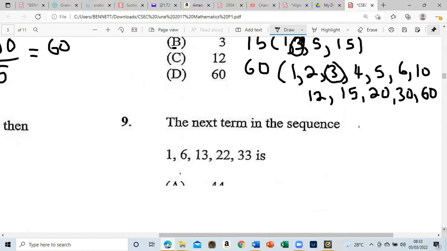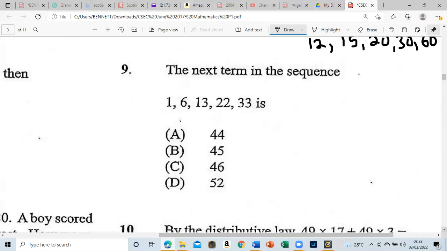Number 9 says the next term in the sequence is, so let's see what's happening. We have 1, 6, 13, 22, 33. Let's see what they added. From 1 to 6 they added 5. 6 plus that, they added 7. 13 plus that, they added 9.